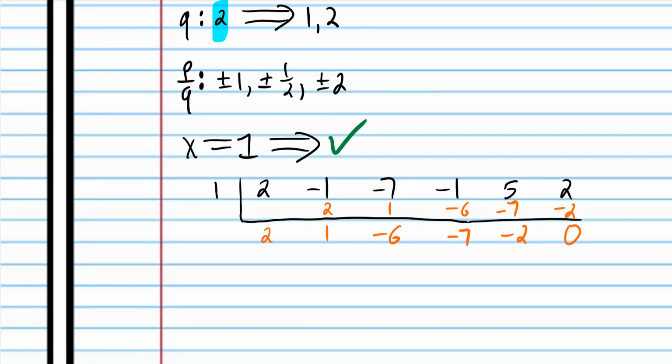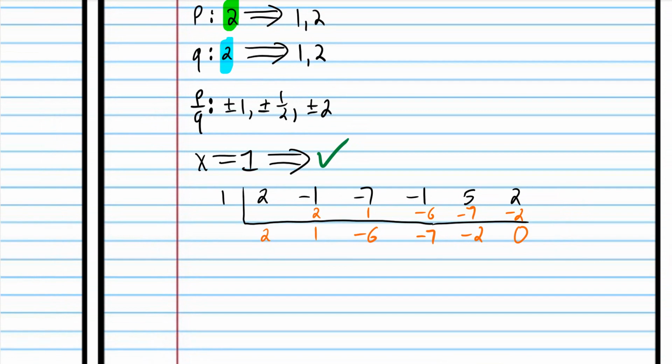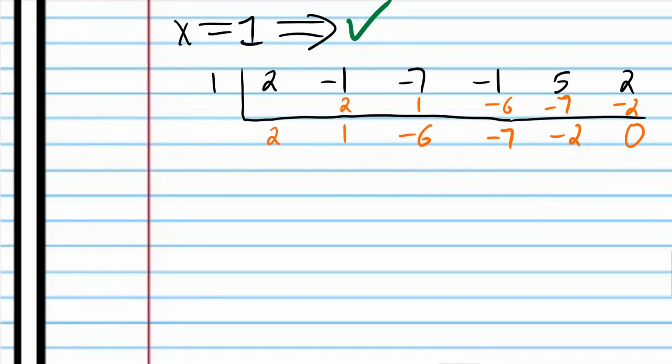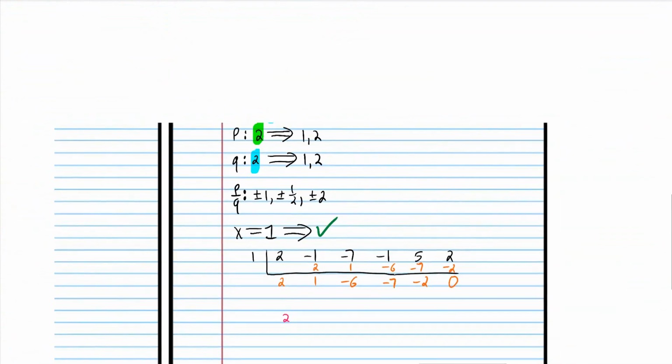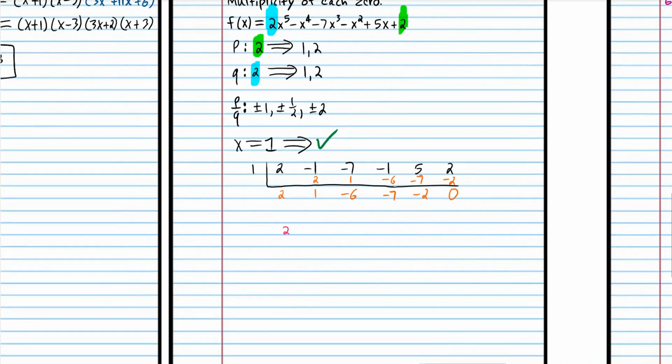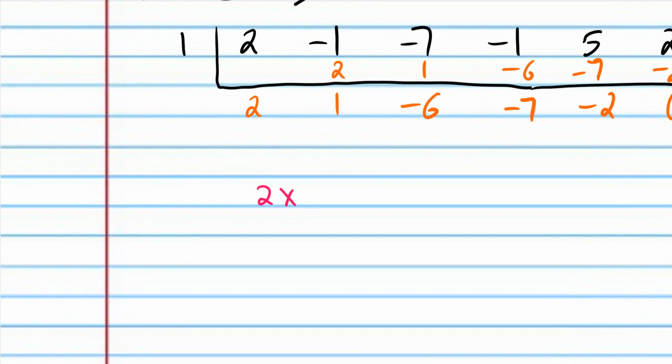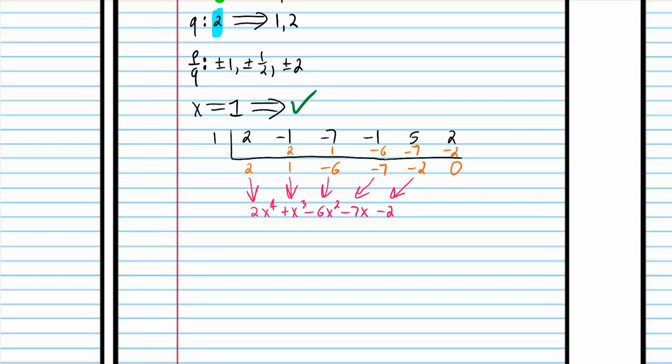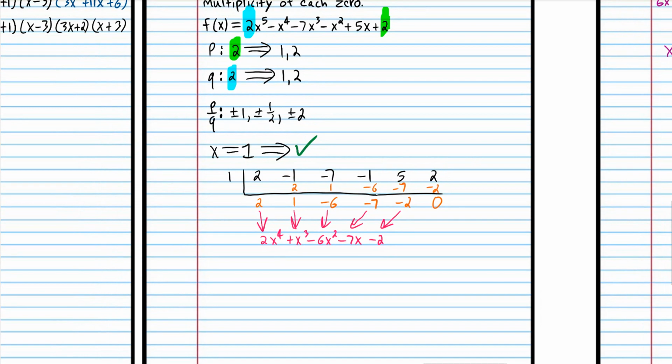And the remainder is 0, so that's a good sign. So now we're going to write our depressed polynomial. We started out with a degree 5 polynomial. Now we go down to a degree 4. So if you got that right, good job.